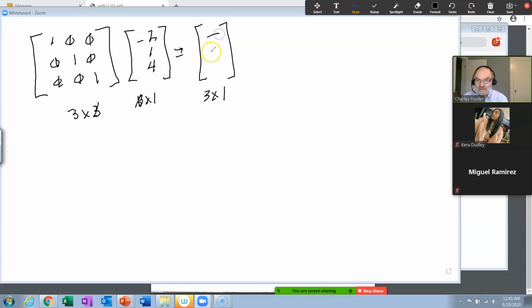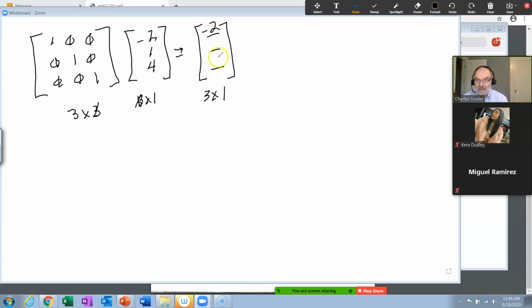That would be the first position here, the 1, 1 position. First row, first column, so do the first row of I by the first column of this column matrix, the only column that's there. So it's 1 times minus 2 is minus 2, plus 0 plus 0, that would be a minus 2.